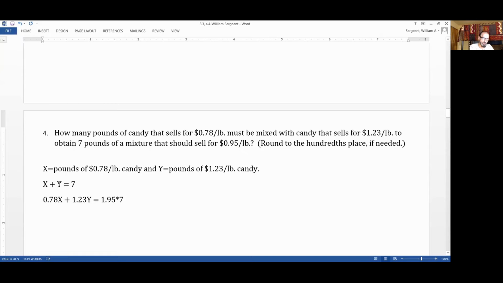This time, let me go ahead and do substitution. I'll subtract y from both sides in the first equation. X is equal to 7 minus y, and I'm going to plug that into the second equation.